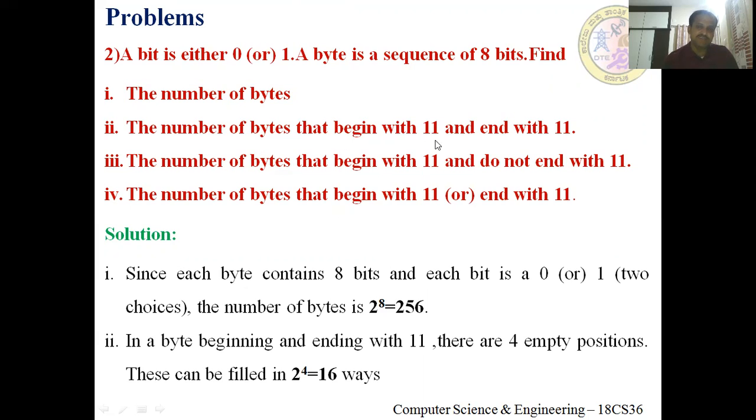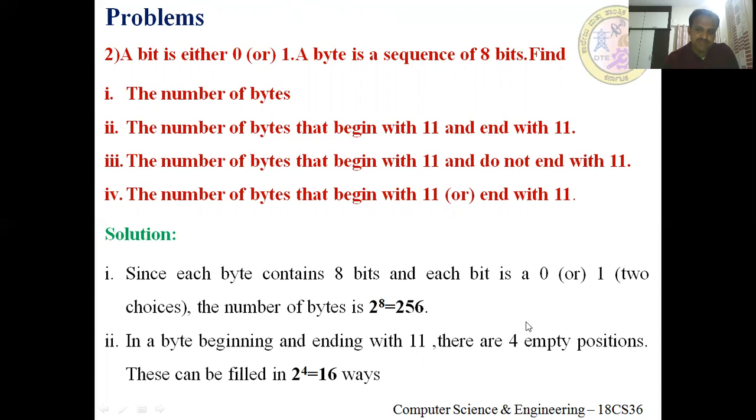Now move on to the second sub question: the number of bytes that begin with 11 and end with 11. Out of 8 bits, the first 2 bits are fixed, beginning with 11, and the last 2 bits are fixed, ending with 11.